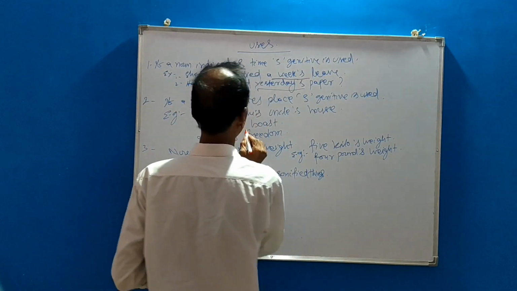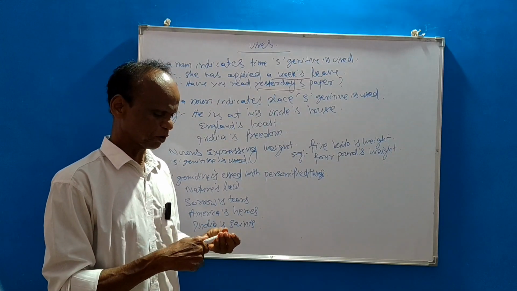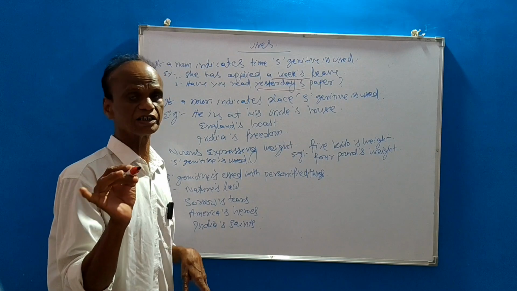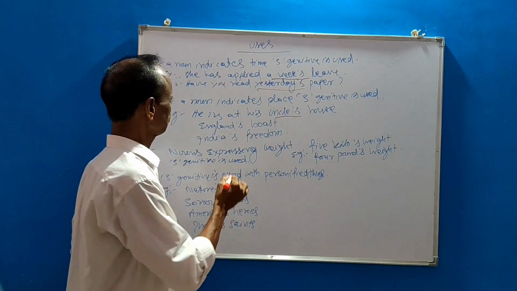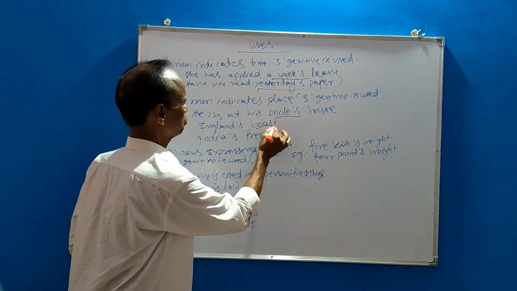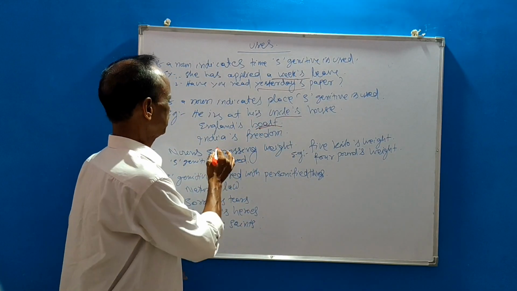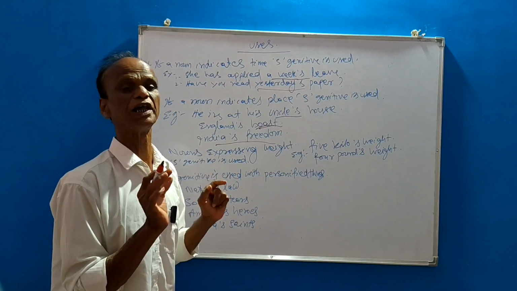Point 2. If a noun indicates place, S genitive form of noun is used. He is at his uncle's house. England's boast. Boast means pride. India's freedom. That refers to place.